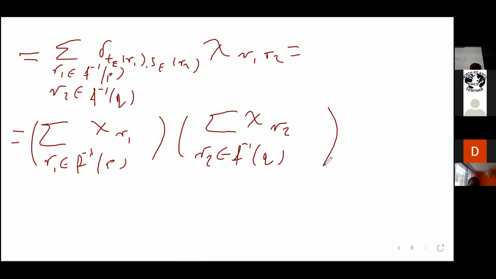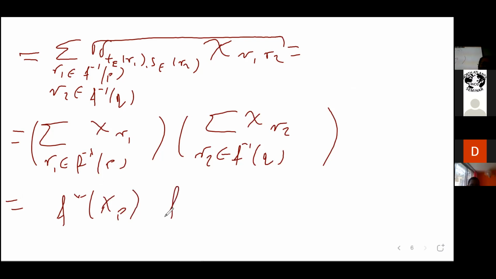Because when I multiply two sums, I have a sum over two indices, and then I have chi R1, R2, but chi R1, R2 is precisely this Kronecker's delta times chi R1 composed with R2. Okay, so this is immediate by the definition of multiplication in path algebra, but this is by definition of my functor, of my f star. That's just f star of chi P times f star of chi Q. And we are home and dry. Okay, this is a star homomorphism. Sorry, this is a homomorphism.